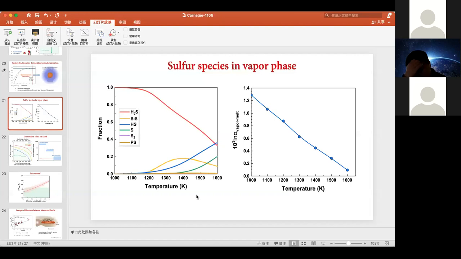If I remember correctly, there are more than 200 species in the vapors in that code. So we get the fraction of each phase from that code. It's an equilibrium thermodynamic result, which is controlled by the free energy of each phase.